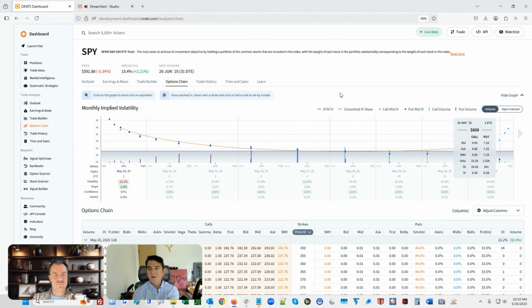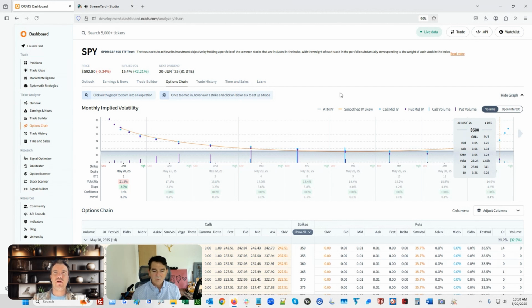That's the hardest thing to do, and market makers still face that challenge. They have all these rules-based systems, and it's quite a feat what they do, and ORATS tries to do that with our SMV system. Great.